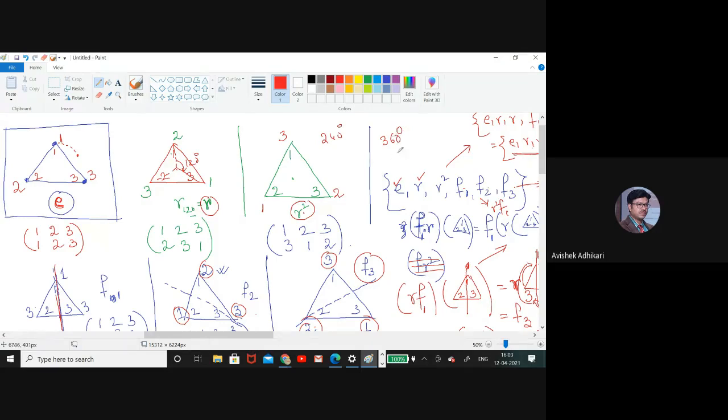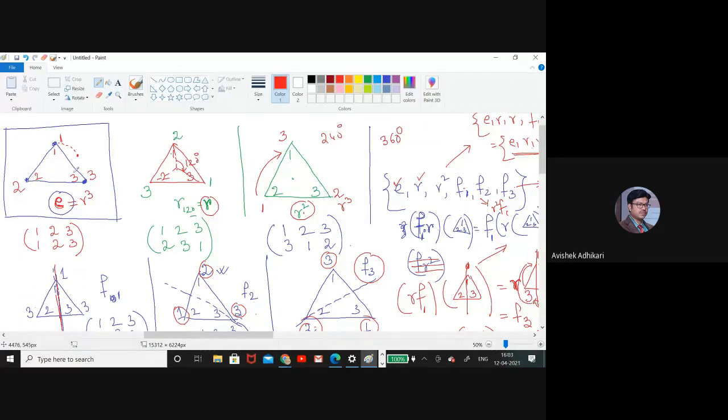Then it becomes R cube, and it will look like this. If I rotate it by again 120 degree, then 1 will come here, 3 will come here, 2 will come here, and that is exactly the same thing. That means R cube is nothing but E, the initial one.